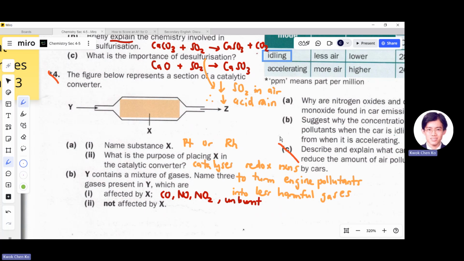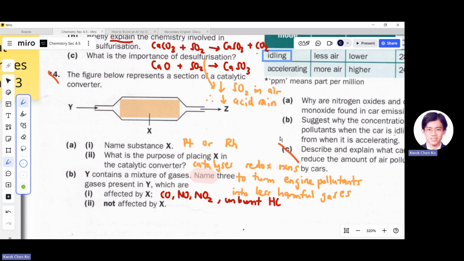Don't forget, the converter also handles unburned hydrocarbons. Oh, just a very, very small comment. Small but important. They asked to name. So yeah, guys, write out the full names rather than the formulas.